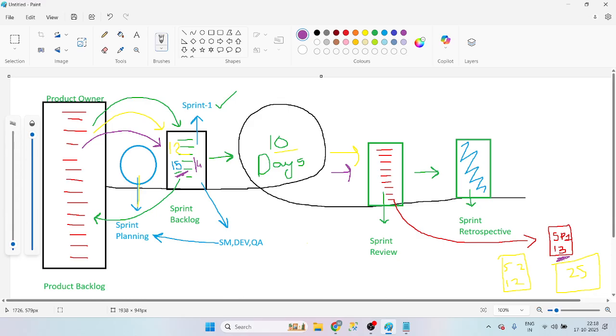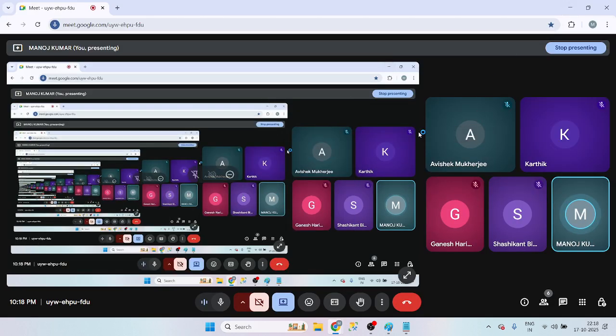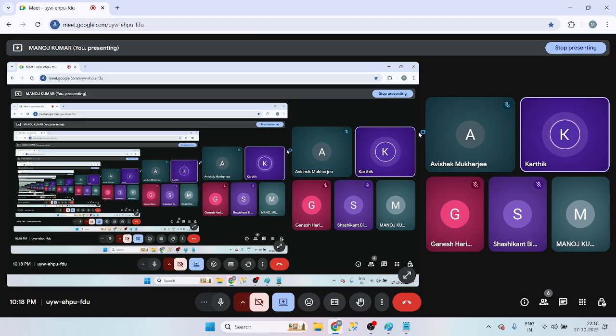Why? The reason is my developer is sick. So that's the reason we couldn't complete this. Now the client will agree or not if I have the collaboration? The client will agree, I guess. Yes, collaboration is there.